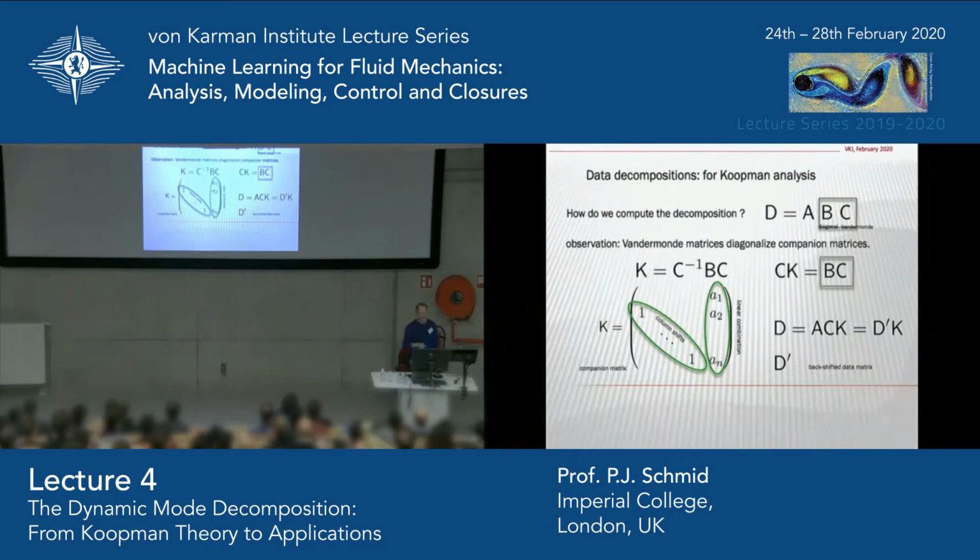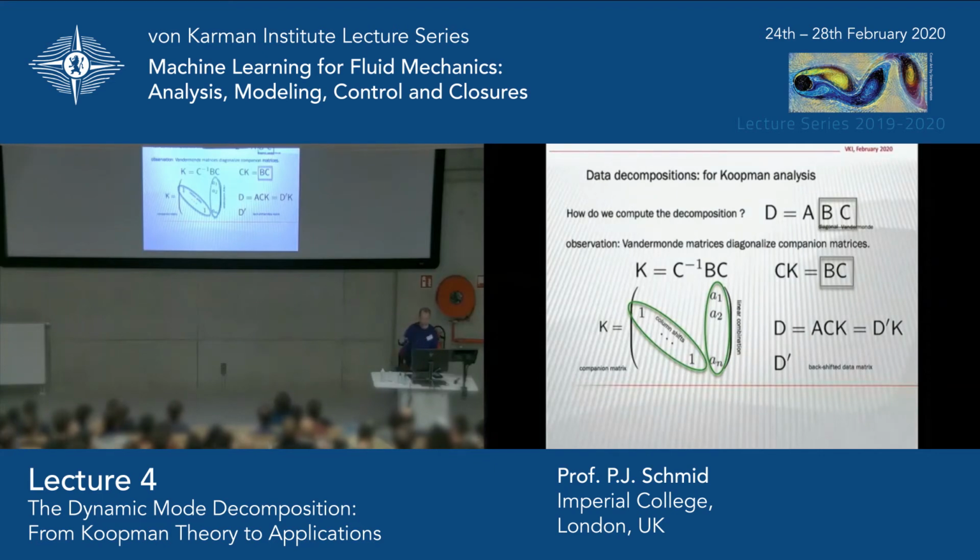So it looks like I don't know D prime. But by that trick of using a companion matrix, I actually got myself an algorithm to figure out what D prime is and what K is at the same time. Okay? That's how we do that.